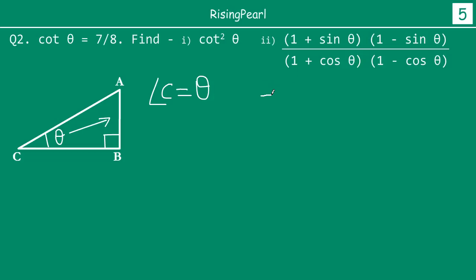you will write this as, this is equal to, on the numerator you have, think about it this way, 1 plus sine theta multiplied by 1 minus sine theta, and here you have 1 plus cos theta multiplied by 1 minus cos theta. So this is really of the form a plus b multiplied by a minus b.